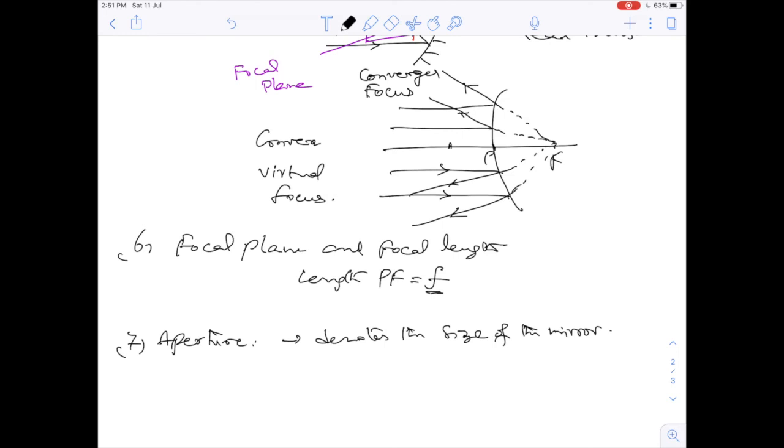It is the diameter of the reflecting surface, MN, which is usually much smaller than the radius of curvature R. And for small apertures, if we assume, then R will be equal to 2f, which means the principal focus lies midway between the pole and the center of curvature C.